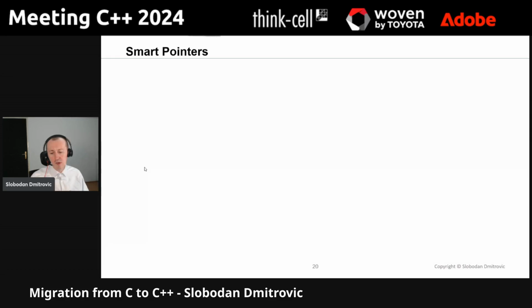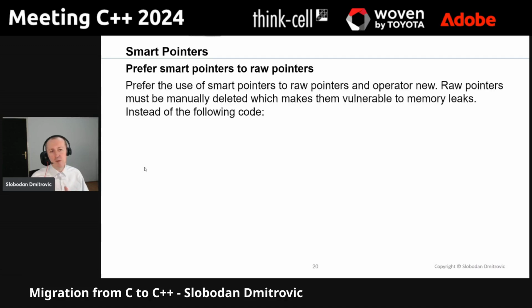You won't be using them because they don't call the underlying pointed-to object's constructor. Once we delete them, they don't call the destructor. So you won't be using them unless you are working with some kind of allocators. So in C++, you should prefer using smart pointers to raw pointers, because smart pointers are less prone to cause memory leaks.